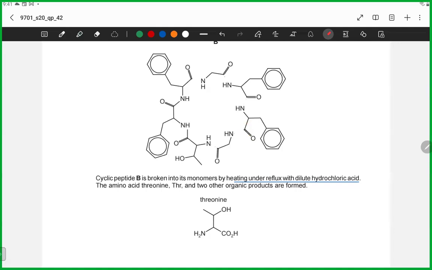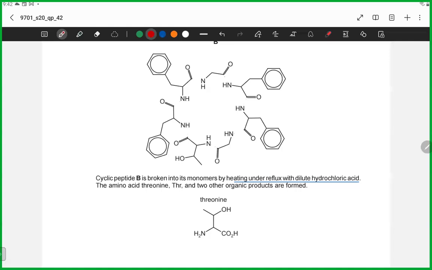The tricky part in this question was that they had kind of mixed up the NH and C=O. You have to identify that NH has to be right next to a C=O. That's what an amide is. So this is an amide link. This one over here is also an amide link. So I guess that's about it.